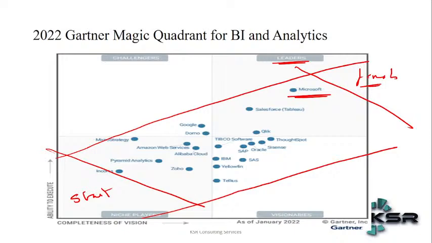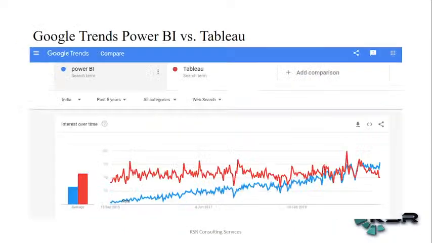That is to be considered as one of the best BI tools in the market. This is about Gartner's analytic ranking system. Now we all know that Power BI is on top.